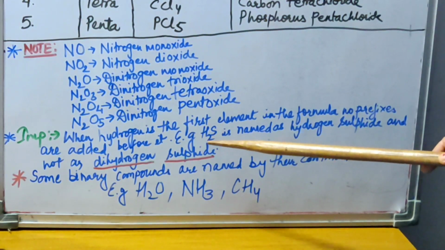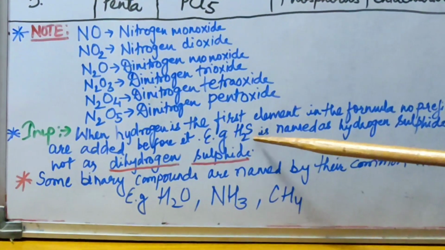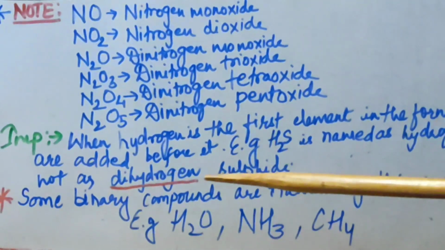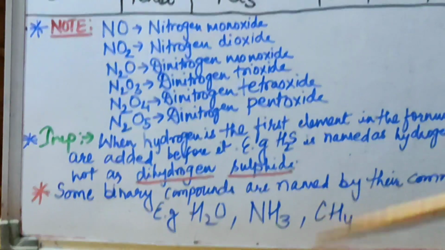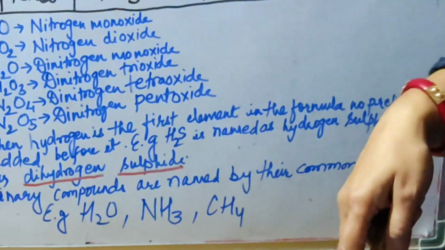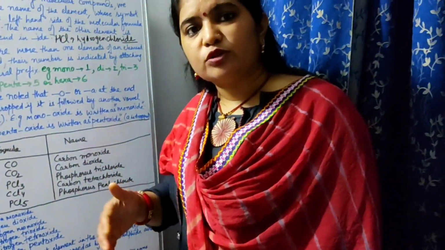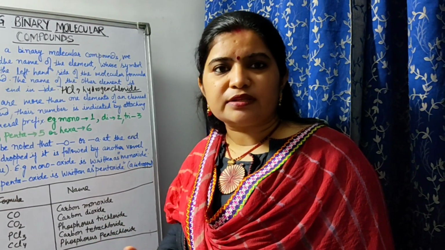For example, if you are writing H2S, here 2 hydrogens are there, but you will not write it as dihydrogen sulfide. It is not correct. You will write hydrogen sulfide. Similarly, H2O is also not named dihydrogen oxide. It is commonly known as water.